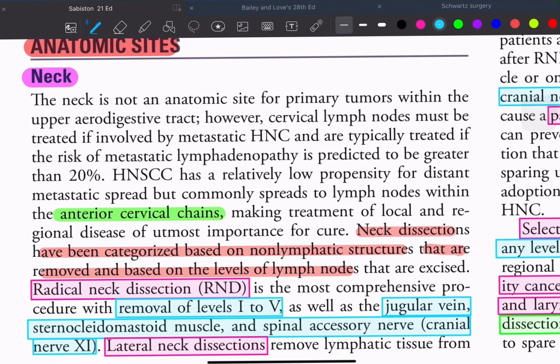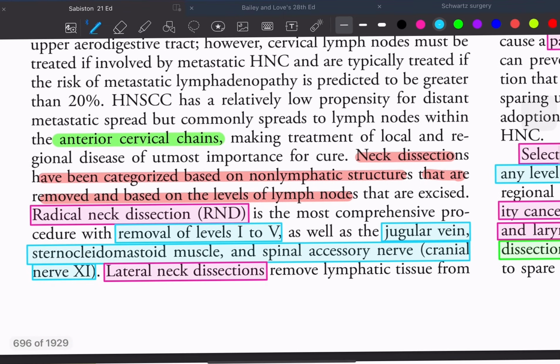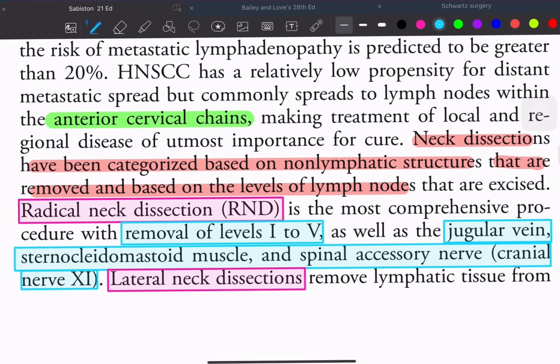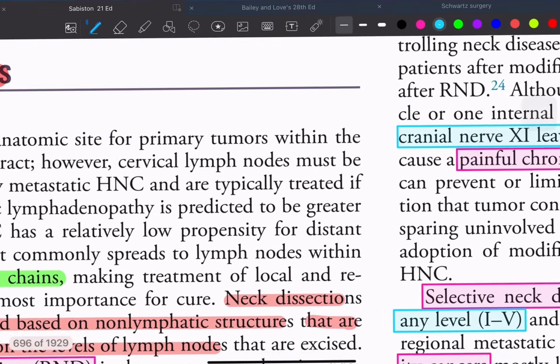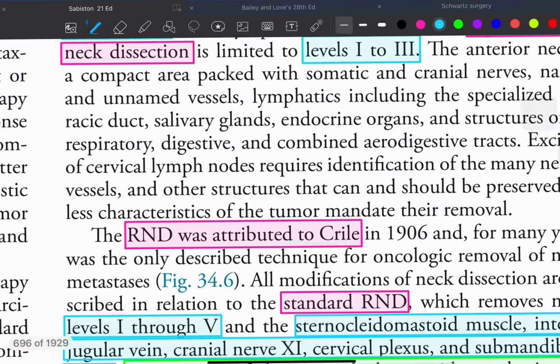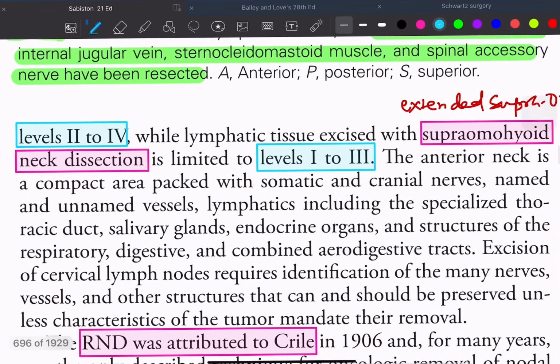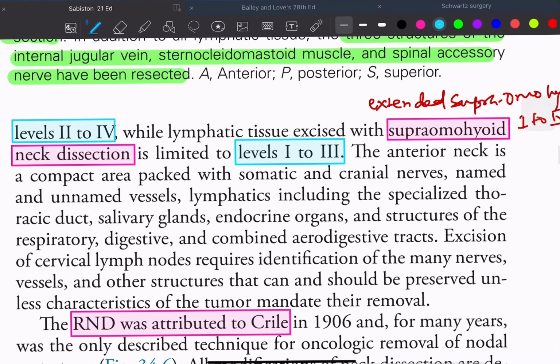Now come to Sabiston. As I have already said, radical neck dissection means 1 to 5 groups of lymph nodes along with non-lymphatic structures like the jugular vein, sternocleidomastoid, and spinal accessory, that is cranial nerve 11. The next term is lateral neck dissection. Whenever you hear lateral, think about 2 to 4, because level 1 does not fall into lateral.